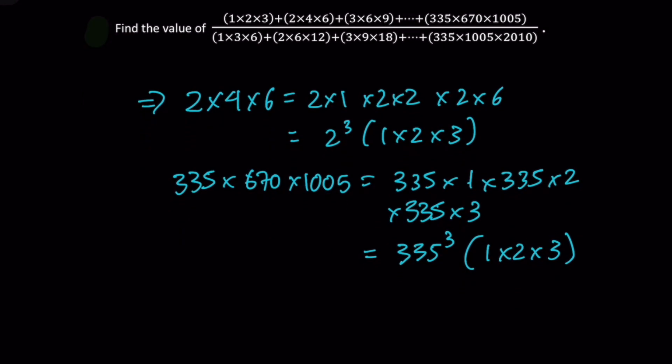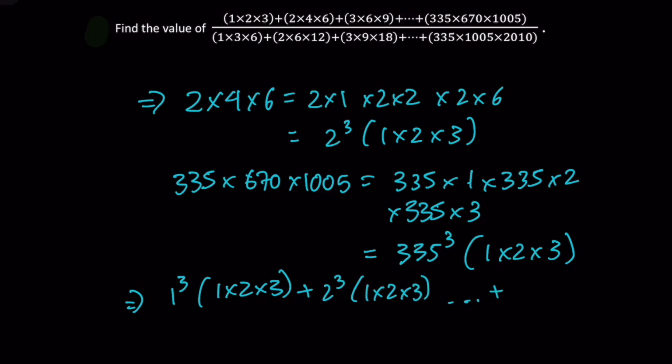Rewriting the whole expression in this format, we will have 1 power 3 for the first term. 1 power 3 means nothing. 1 times 2 times 3 plus 2 power 3, 1 times 2 times 3, all the way until the last one, 335 power 3, 1 times 2 times 3.